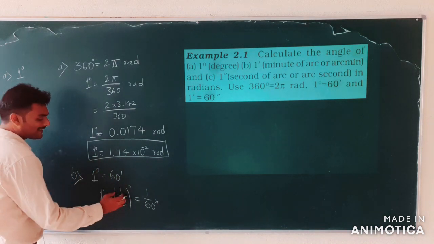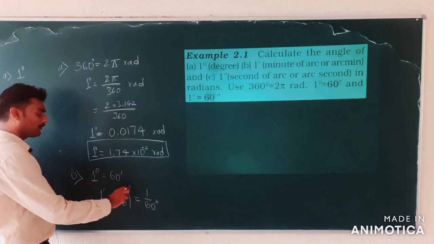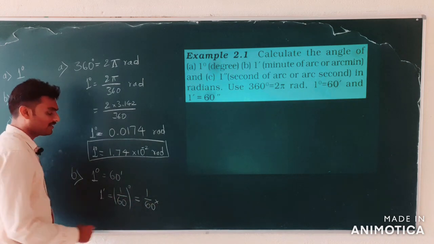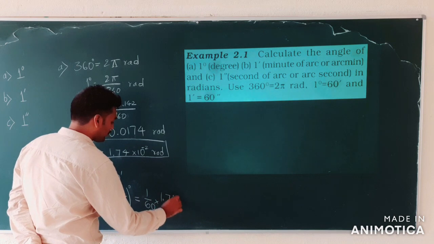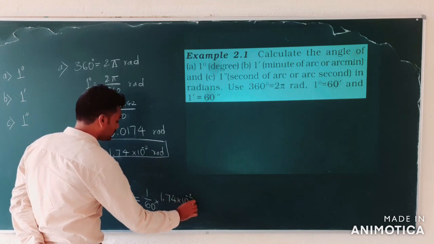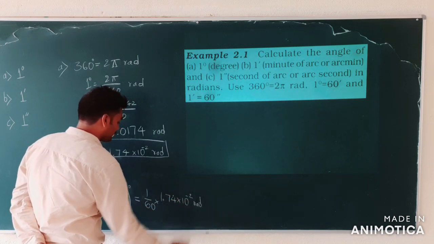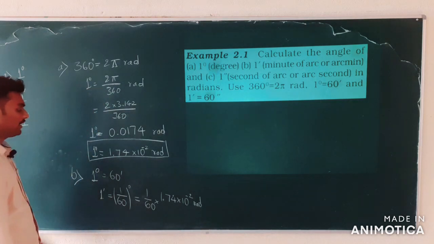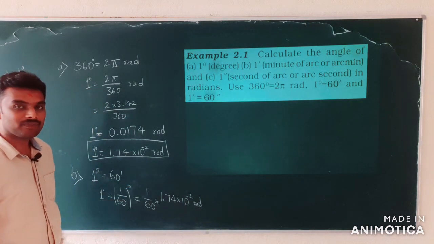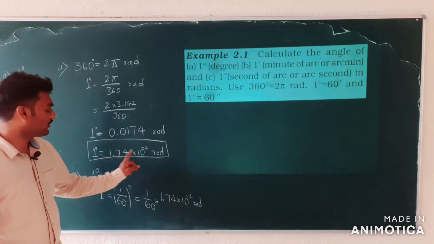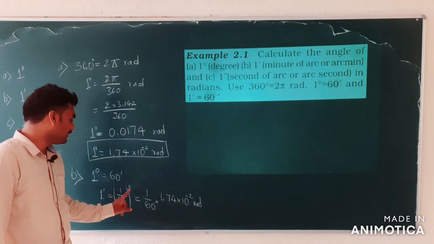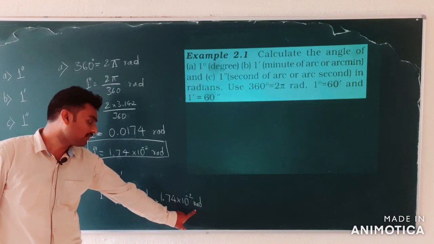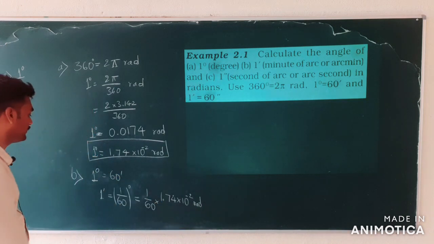So, this is 1 by 60 degree. Now, converting this into radians, 1 by 60 into 1.74 into 10 to the power of minus 2 radians. Following? Now, 1 degree is equal to 1.74 into 10 to the power of minus 2 radians. So, that is why now it is degree here, and after conversion it is radians here.